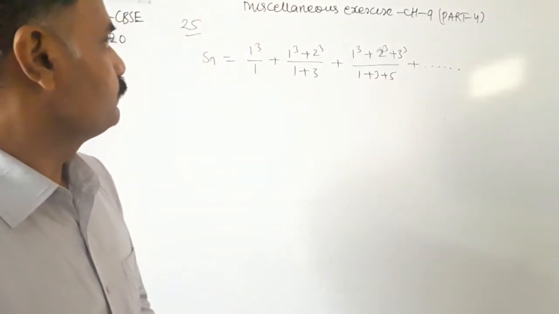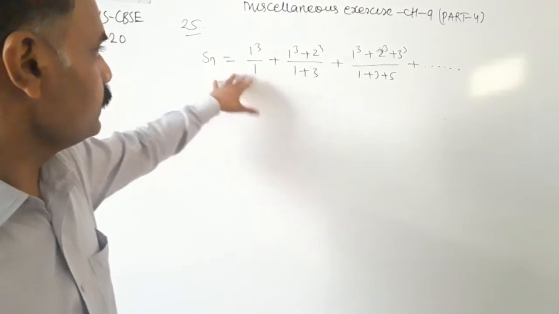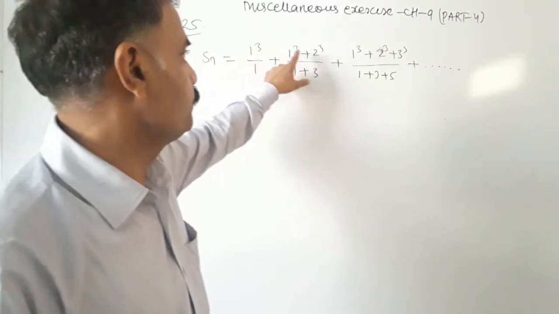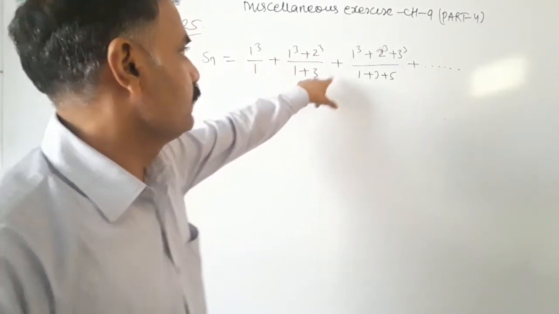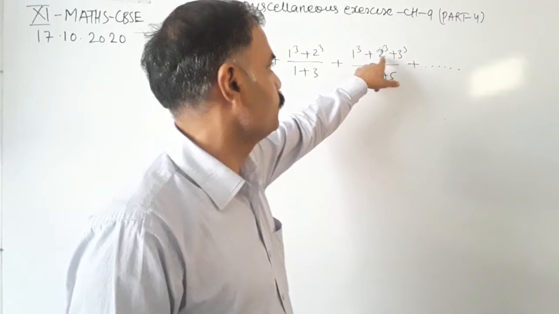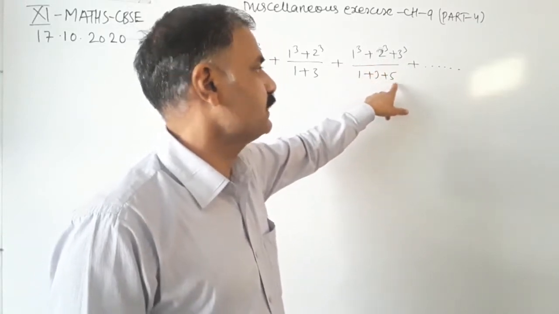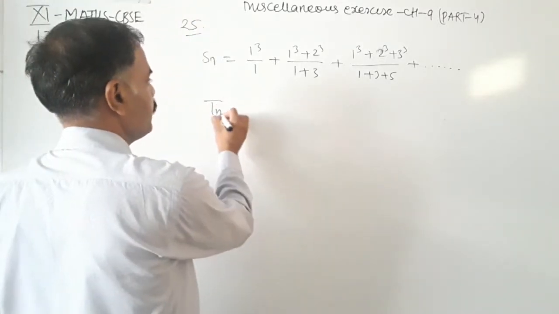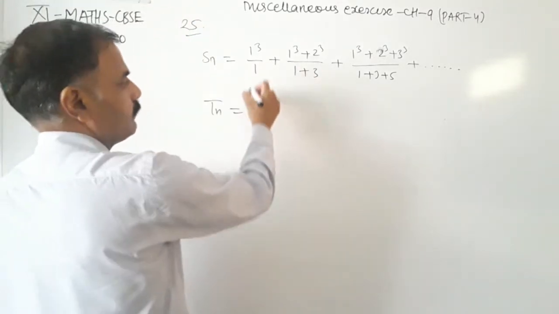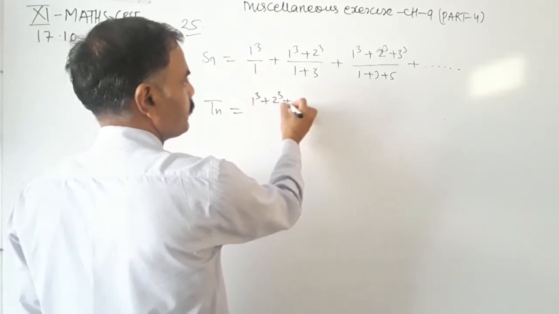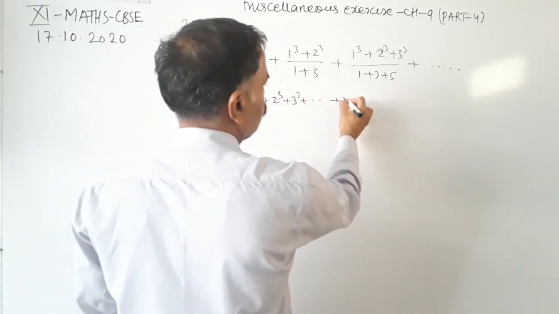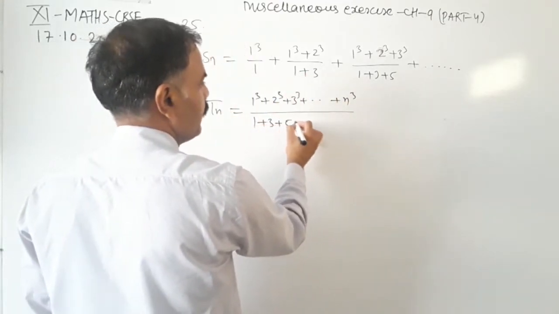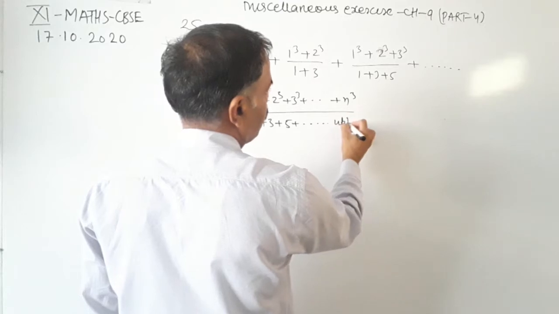Now each term of the given series is 1 cube upon 1, 1 cube plus 2 cube upon 1 plus 3, 1 cube plus 2 cube plus 3 cube divided by 1 plus 3 plus 5. So the nth term Tn of this series is 1 cube plus 2 cube plus 3 cube plus up to n cube divided by 1 plus 3 plus 5 plus and so on up to n terms.